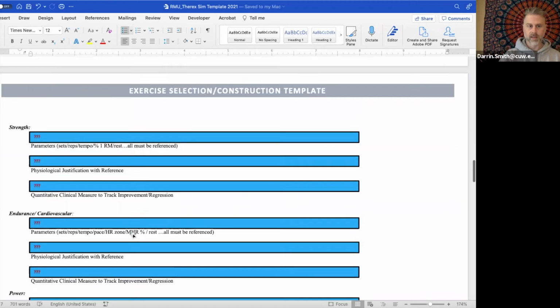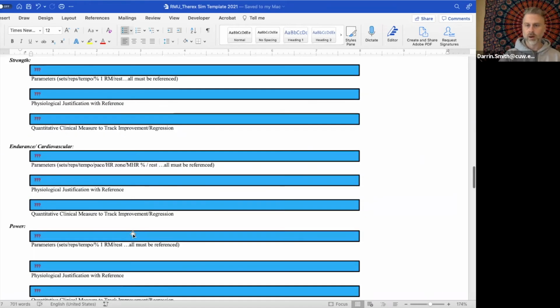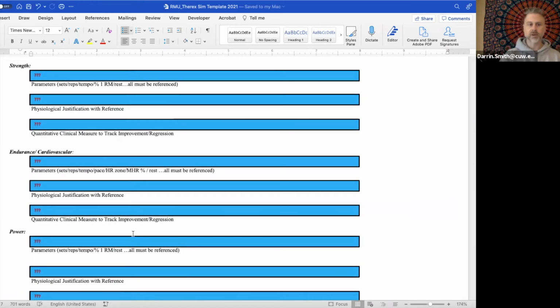Okay. And that's where we can look up our NSCA guidelines for sets, reps, tempo, percentage of a 1 rep max, all of that. That information can easily be obtained through NSCA position statements on what exercise should look like. In terms of strength, another good cheat on that is blood flow restriction training.